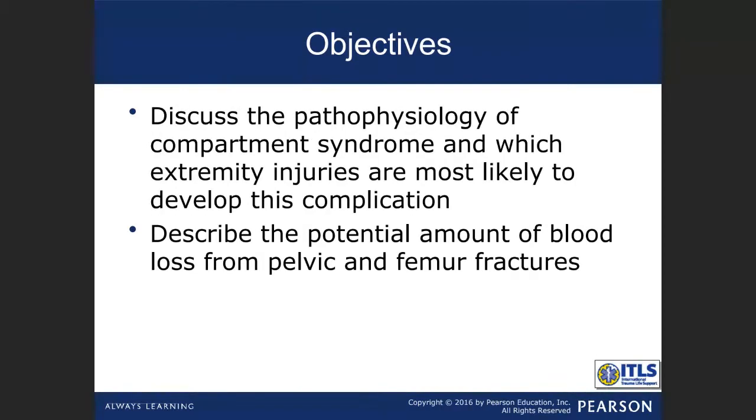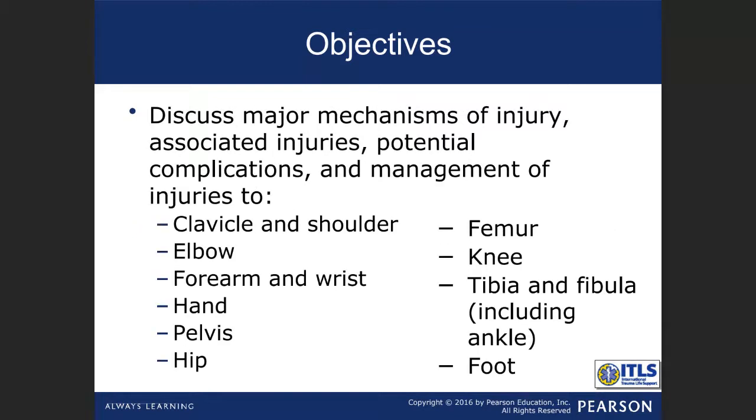We will discuss the pathophysiology of compartment syndrome, which extremity injuries are most likely to develop this complication. We will describe the potential amount of blood loss from pelvic and femur fractures.